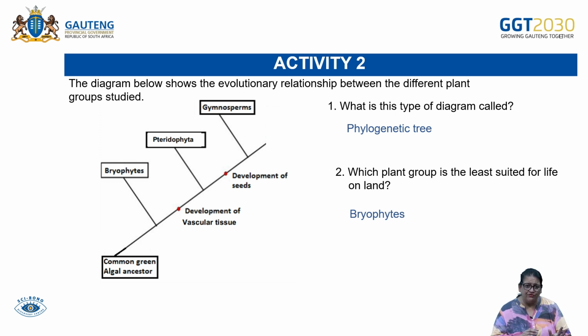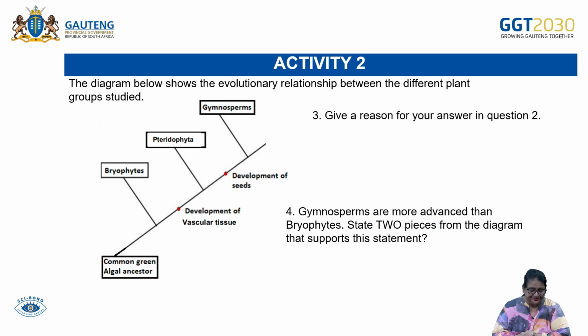It's only your bryophytes that are totally more dependent on water in a damp area compared to just dry land, because remember, they have no cuticle, so they have to keep as much water as possible. Therefore, bryophytes or mosses are more suitable to living in a damp area or moist conditions than a completely dry area.